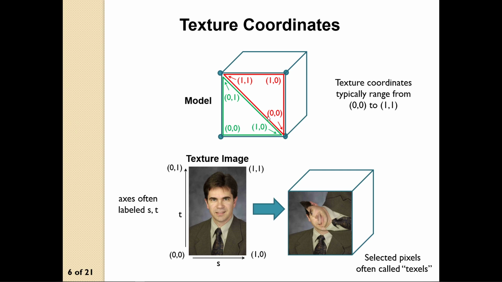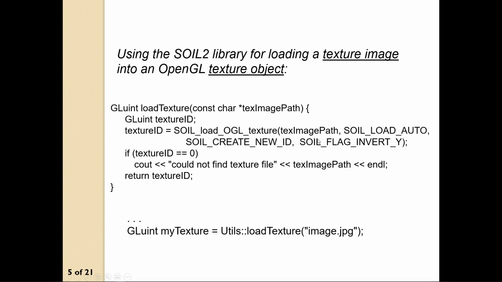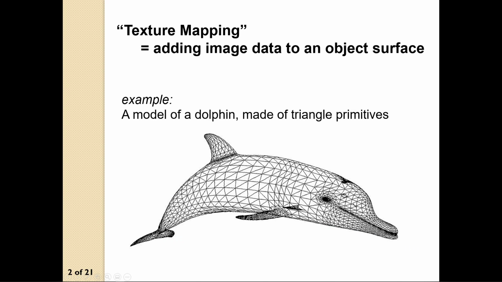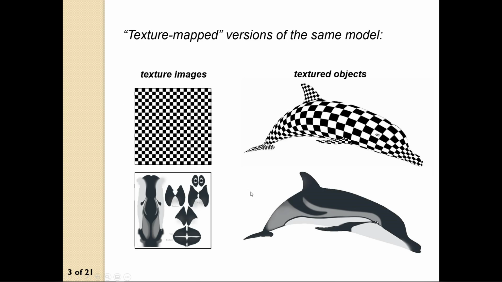Like the case of the, let's see if I can get back to the dolphin, right? Where the dolphin's fins here, it's pulling along this mesh, some of these vertices are going to have a U and V coordinate over here versus these other ones that might be over here, right?